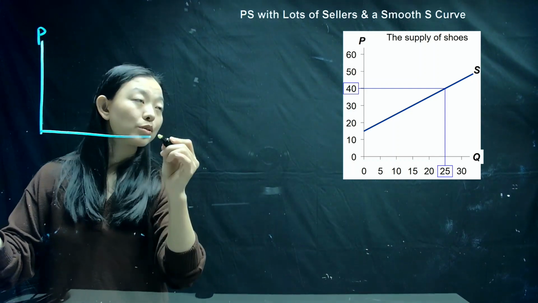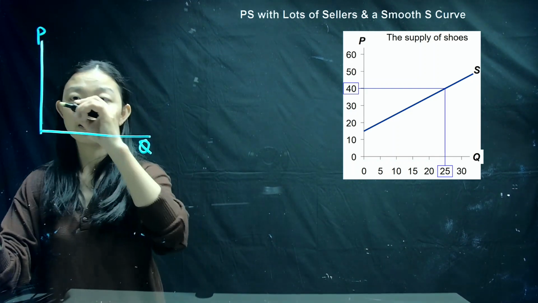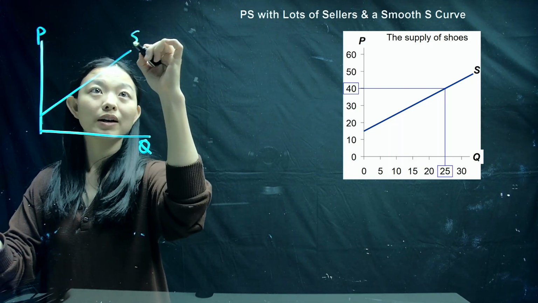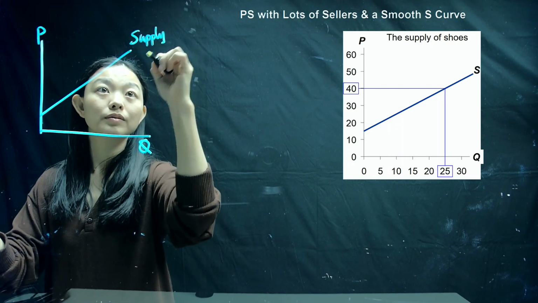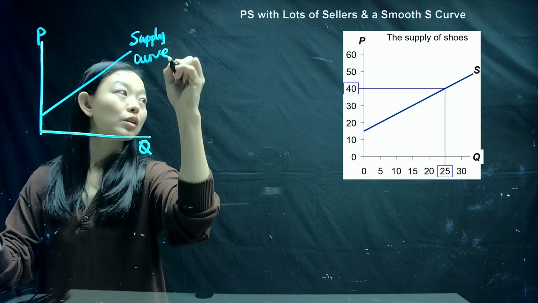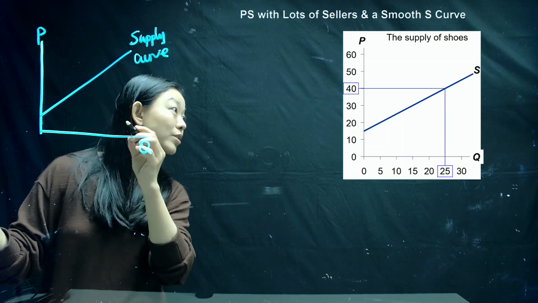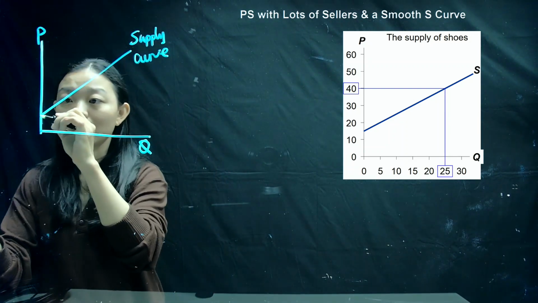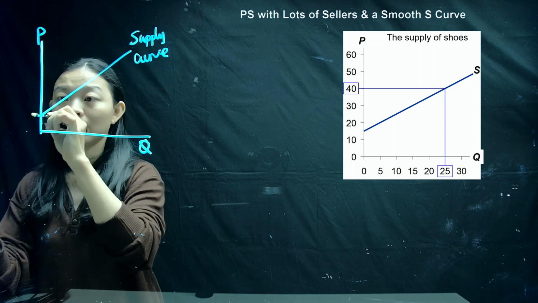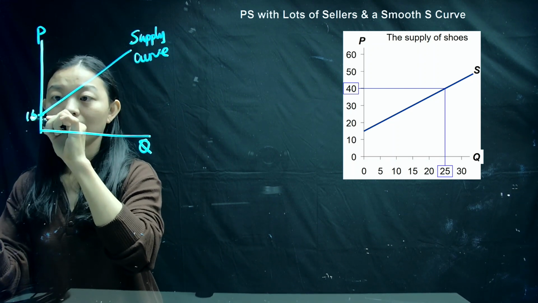We have the price here, we have the quantity here, and then this is the supply curve. For the supply curve, we have this one probably equal $15. Oh, sorry. Yes, it's 15.